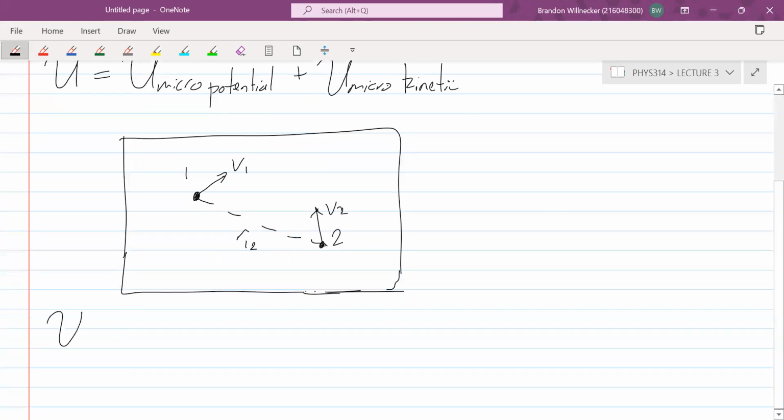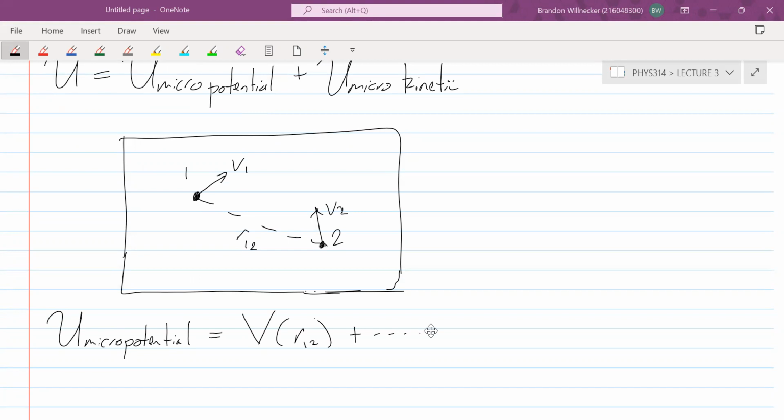So U micropotential would be equal to some potential between the two atoms or molecules, depending on the distance between them, plus all the other pairwise interactions.